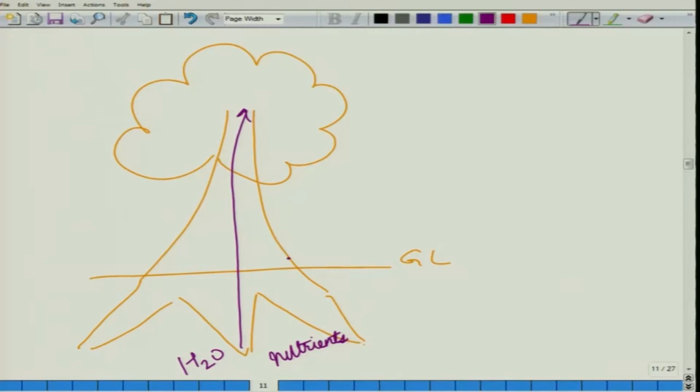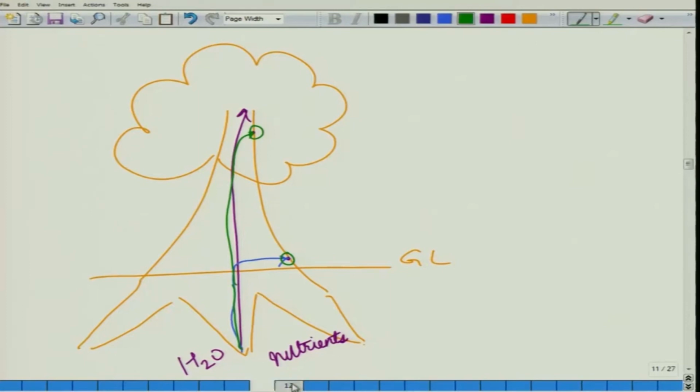So, suppose if you consider one point here and suppose one point here. If water needs to reach at this place, it needs to go from here up till this point, whereas for this point it needs to go like this up to this point. So, if we tried to optimize the shape of a tree considering that water and nutrients need to reach at every point in the most optimal fashion, then we would get the shape of a tree physiologically.